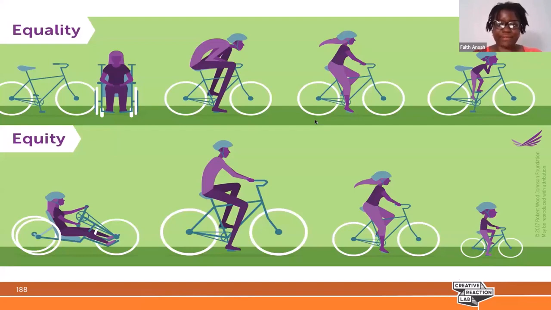By being part of this project and being part of Creative Reaction Lab, I've gotten the distinction between equity and equality. Equality means everything has to be equal, but equity is based on what the person's experiences are or what they need or require, they get their fair share of resources.